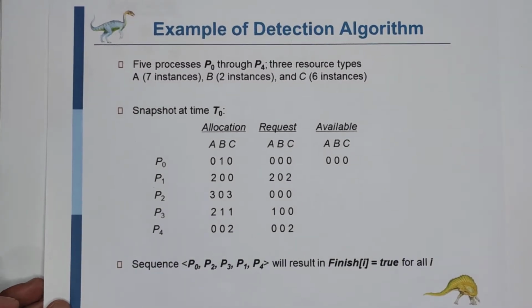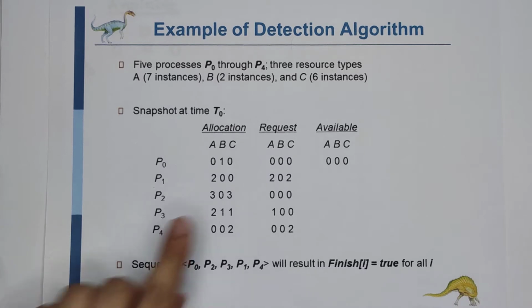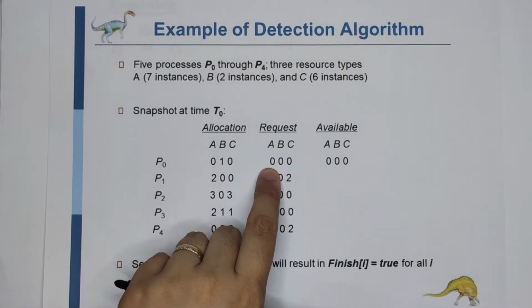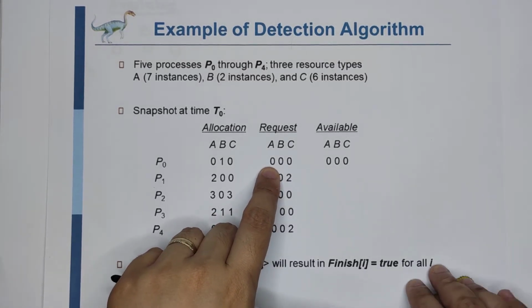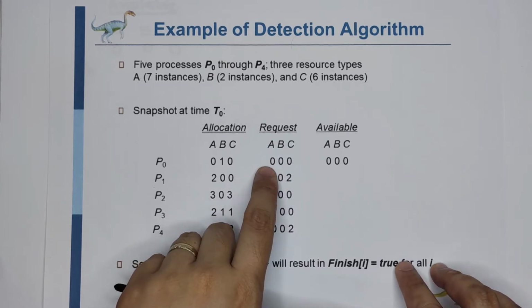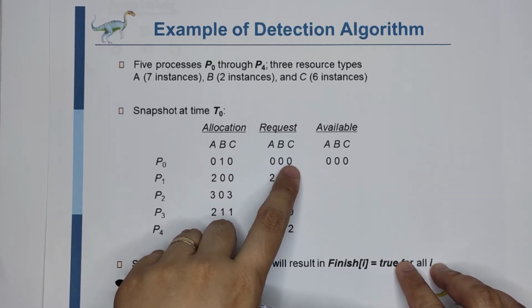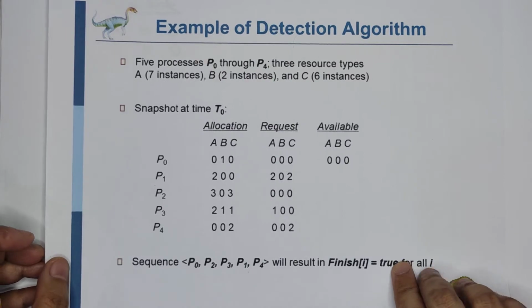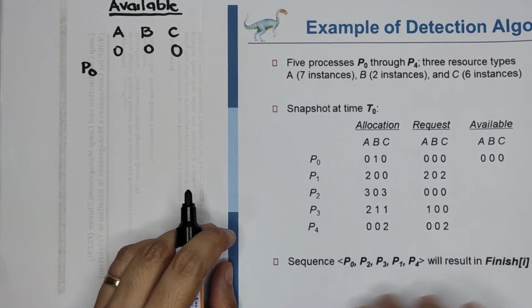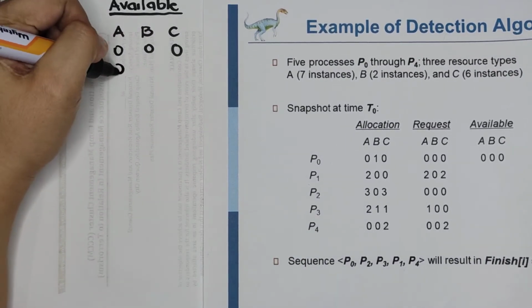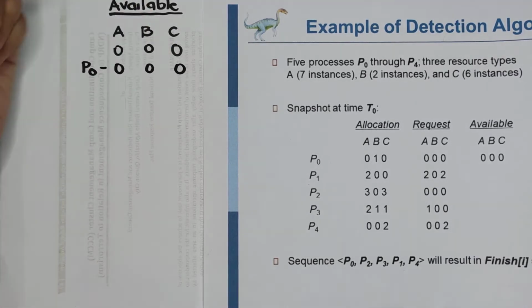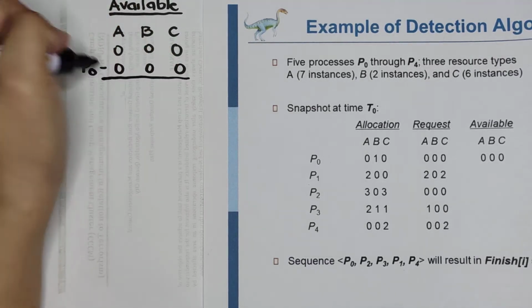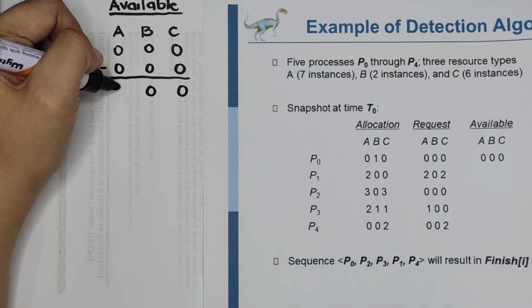Just like with the banker's algorithm, you're going to subtract the resource values. The request resource values are 0, 0, 0. So we write minus 0, 0, 0. Of course, 0 minus 0 is all 0.